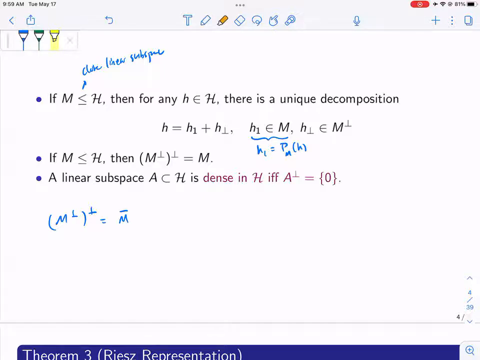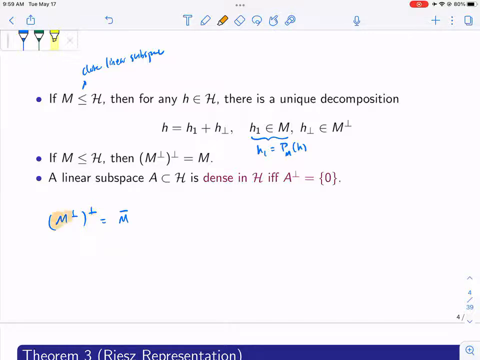The thing is that this has to be closed because M perp always makes things closed, and it has to contain M, but then you can also argue that it shouldn't be larger than M bar. So just argue this for yourself.